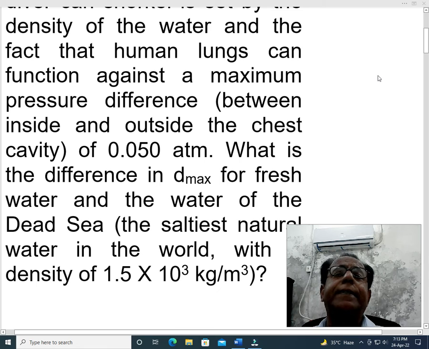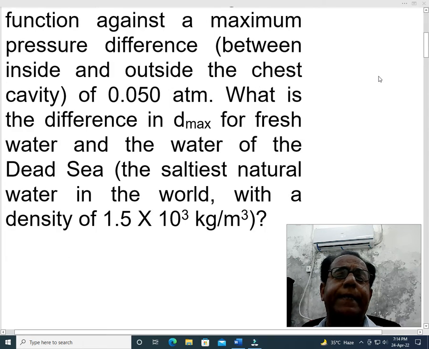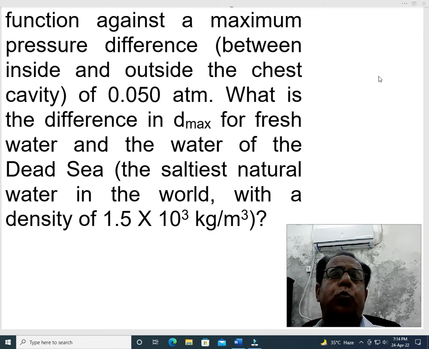What is the difference in D max for fresh water and the water of the Dead Sea? Within bracket it is provided that the saltiest natural water in the world has a density of 1.5 into 10 raised to the power 3 kilogram per meter cube.